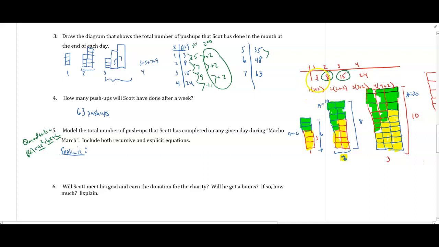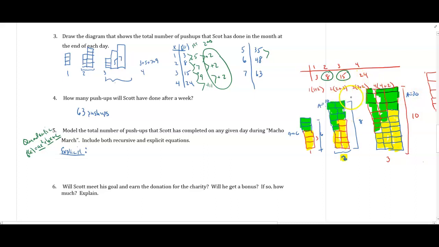And if you look here, remember, the number of push-ups he did on day 1 was 3. The number of push-ups after day 2 he'd done for the month is 8, right? So when we look at the area or the blocks here, although we get double the number, if we divide that by 2, 16 divided by 2 is 8, 30 divided by 2 is 15, okay?